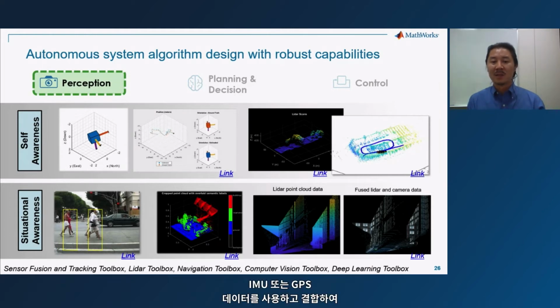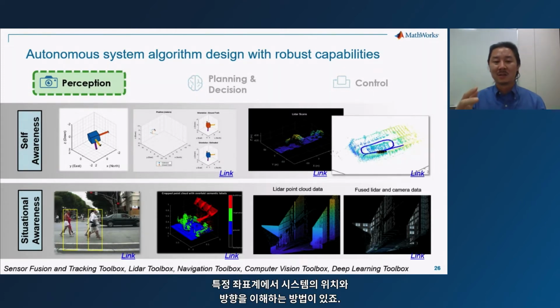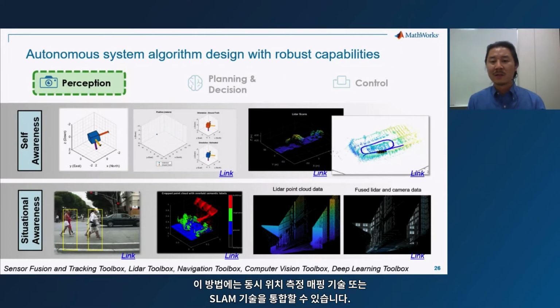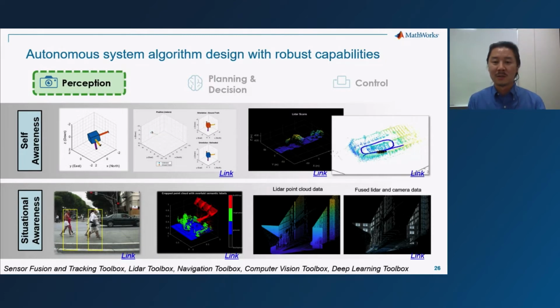So perhaps you may want to use IMU or GPS data, fuse that together to understand your position and orientation within a certain coordinate system. Another method is to understand your relative position within a localized map, right? So that could incorporate simultaneous localization and mapping, or SLAM techniques, if you will, right?